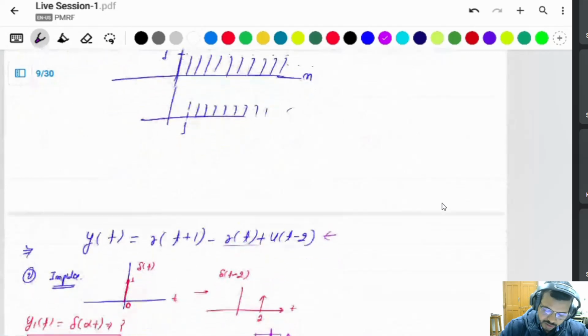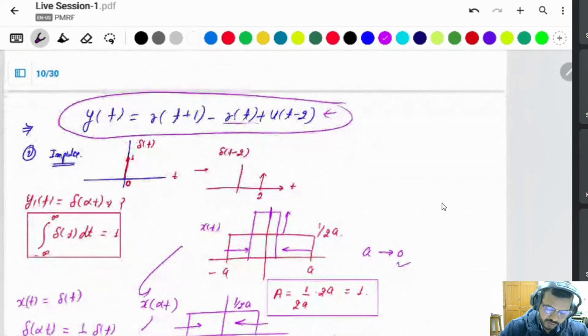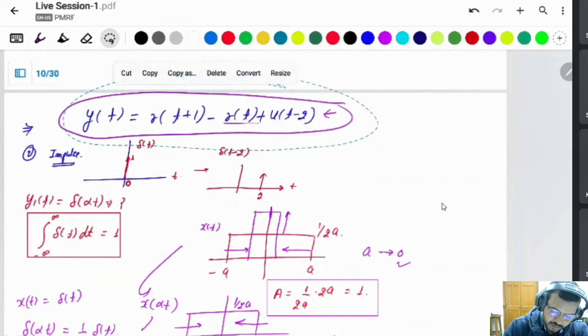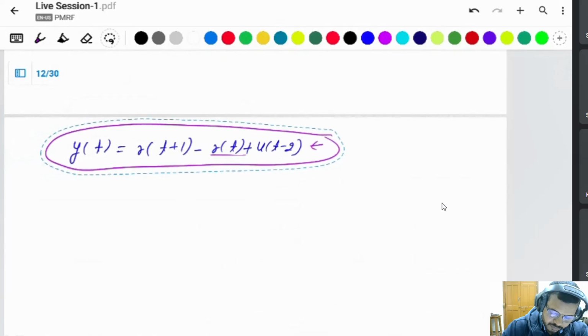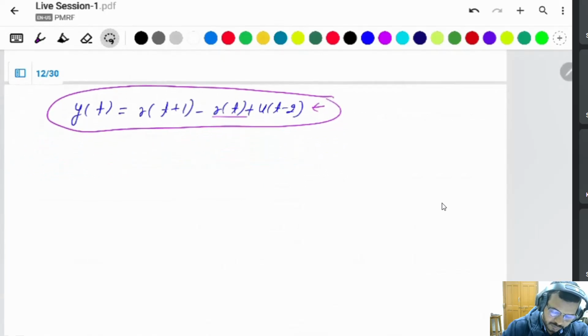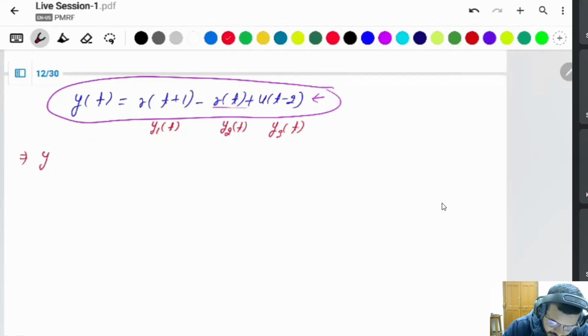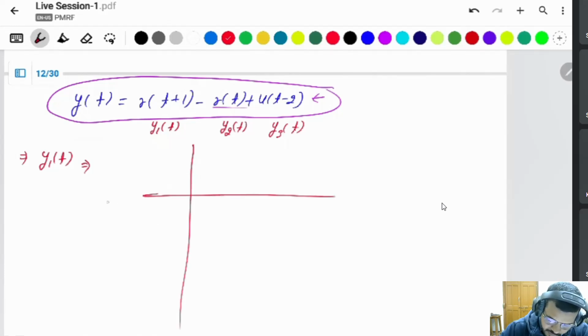If you want to draw this equation in the question, first write all of them, take as y1(t), y2(t), y3(t), and this is the basic. y1(t) is a signal started from minus 1.